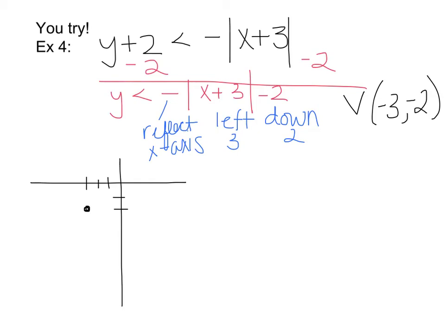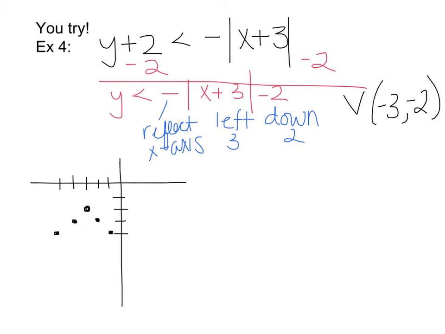Now the slope of my line is negative 1, so I'm going to go down 1 and to the right 1 and down 1 and to the left 1, and we're going to do that one more time. So go down 1 and to the right 1, down 1 and to the left 1.